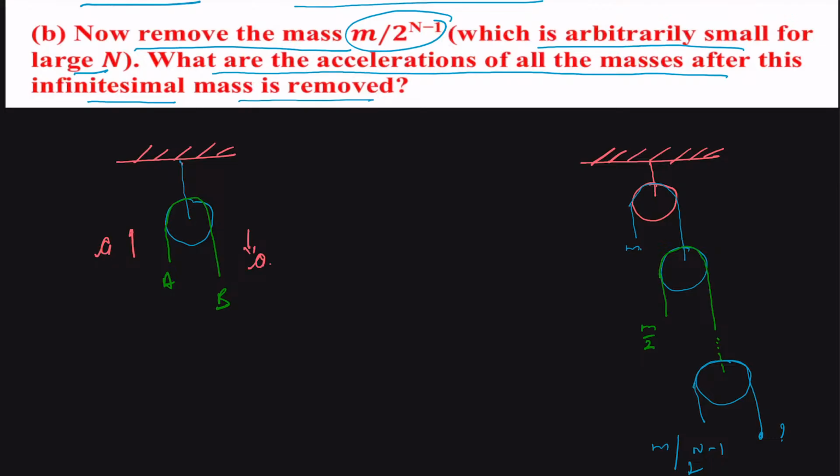And based on this we can find out the value of the tension in the string. Let us suppose that tension is T, and we can also write the equation for our acceleration.